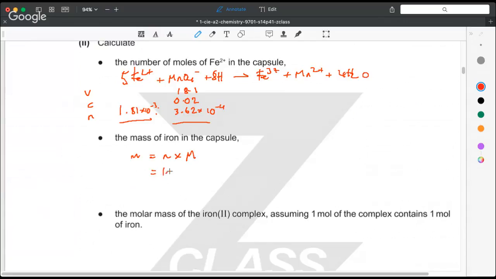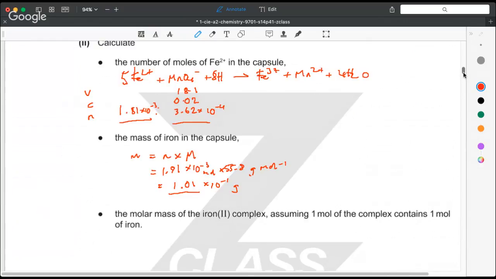The number of moles is 1.81 times 10 to the minus 3, we worked that out. And the molar mass for iron that you look up is 55.8 grams per mole. So moles times grams per mole, and you end up with a mass of iron, which is 1.01 times 10 to the minus 1 grams. Okay, we've got the mass of iron.